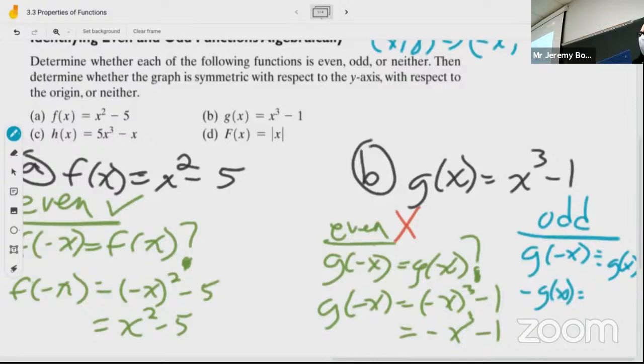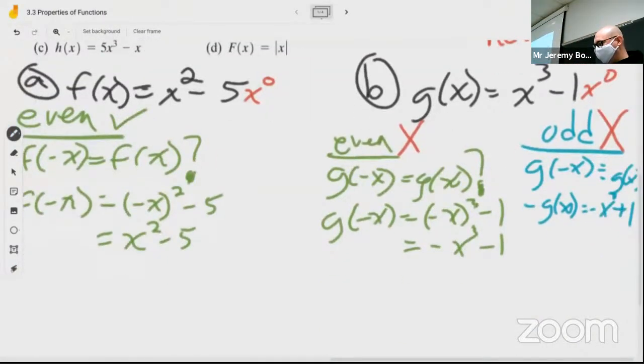But remember, it's just like multiplying your function by negative 1. That's going to be negative x to the third plus 1. Does that match that? No. So that means this function is going to be neither, either even or odd.